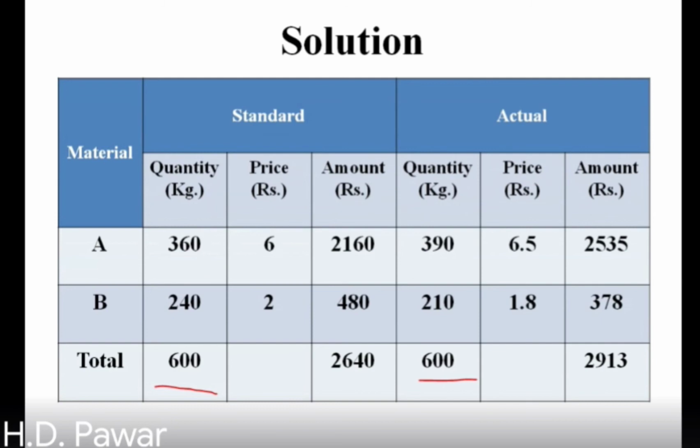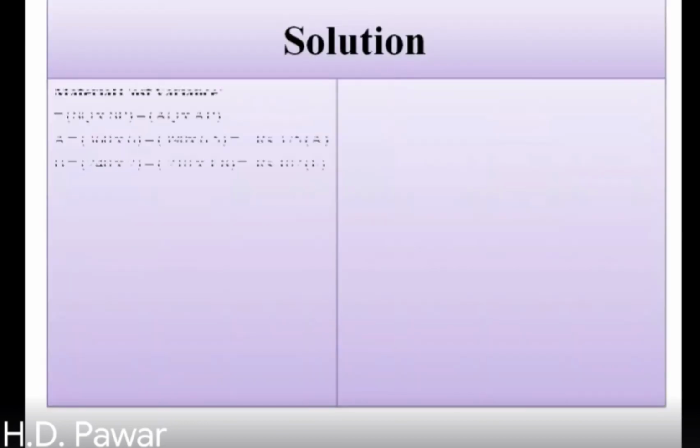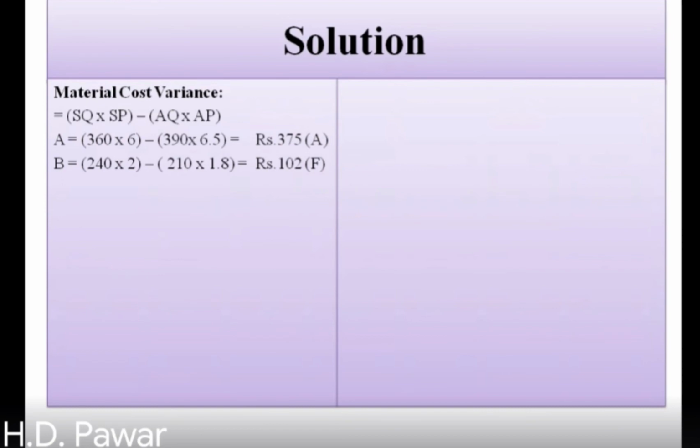So 2640 standard cost minus 2913 actual cost. Okay. So first is material cost variance. Here I have calculated in the same way as in the previous: standard quantity into standard price minus actual quantity into actual price for A, for B and total.